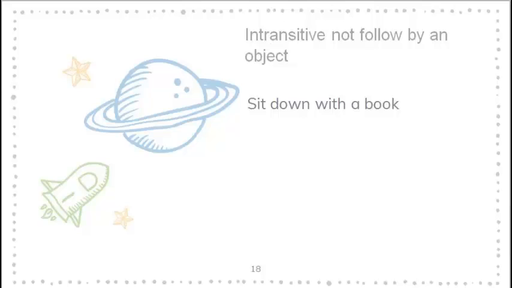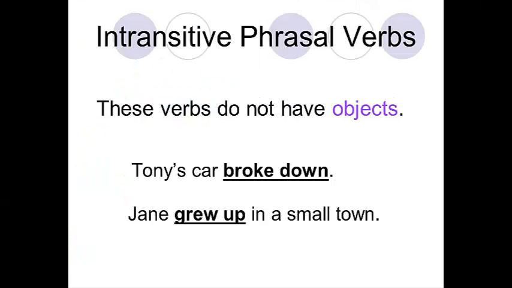Intransitive verbs don't need an object to complete their meaning. Intransitive phrasal verbs: the particle comes after the verb.